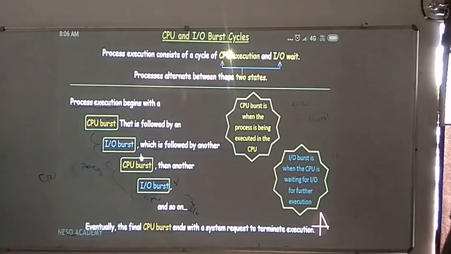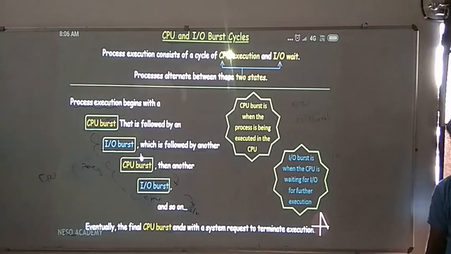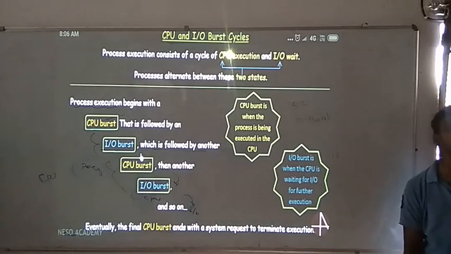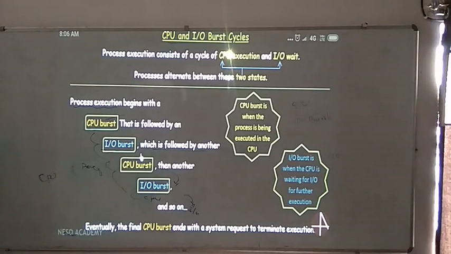When your process is in execution and it is waiting for the IO to occur, or waiting for the input output devices, or waiting for some event to occur, then that time is called IO burst.